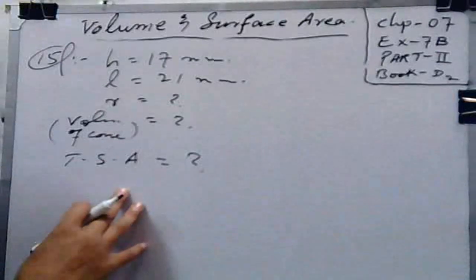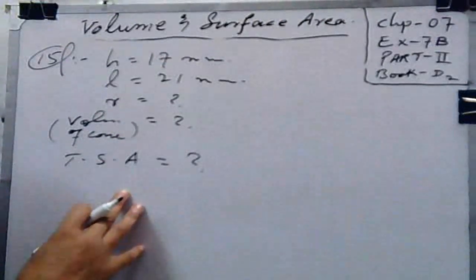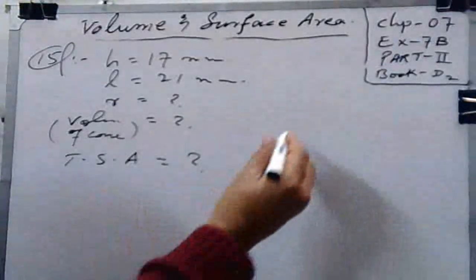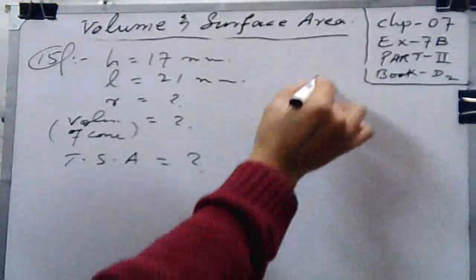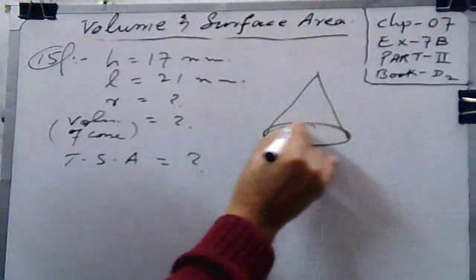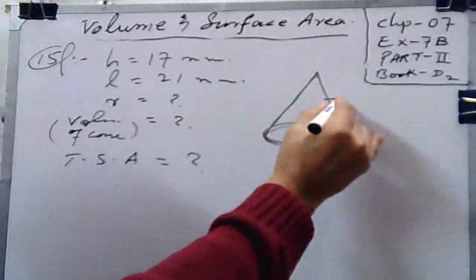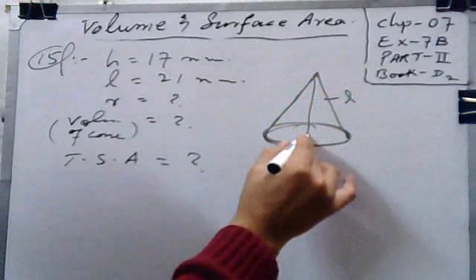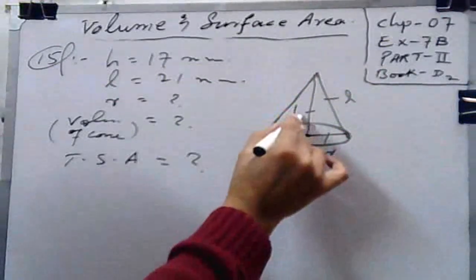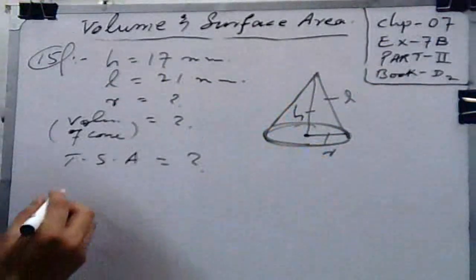To find r, it is very much necessary to use the Pythagorean theorem. Once again, we draw the cone like this: that is your slant height L, that is your r and that is your h.